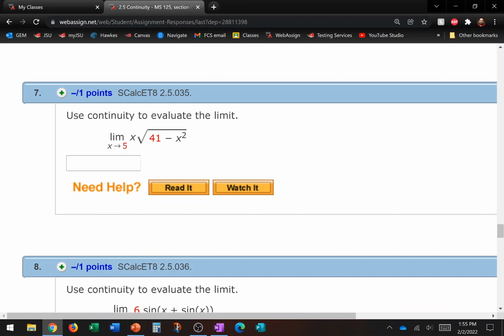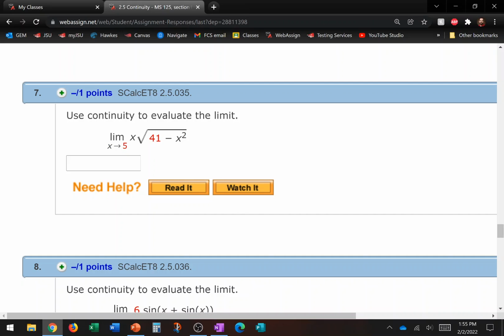The idea here says use continuity to evaluate the limit. That's the big hint. If we have a product, x times the square root of 41 minus x squared, and we look at each individual piece, the thing underneath the radical is just a polynomial, so that's continuous.